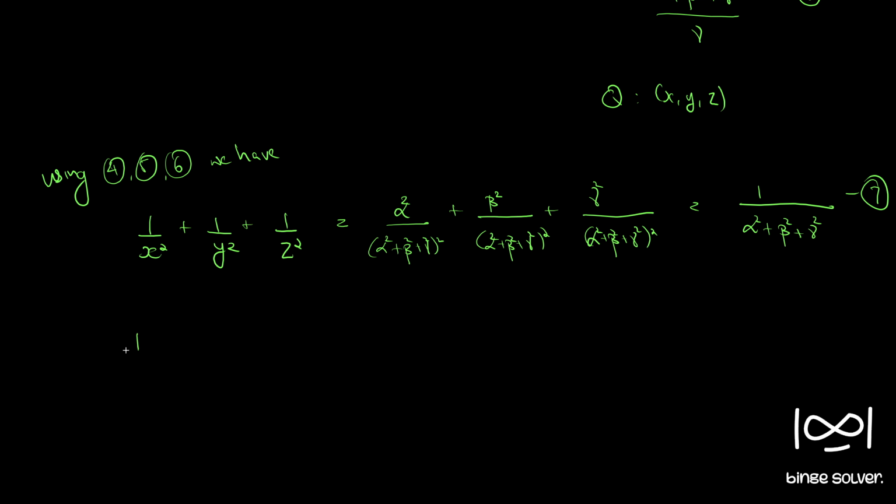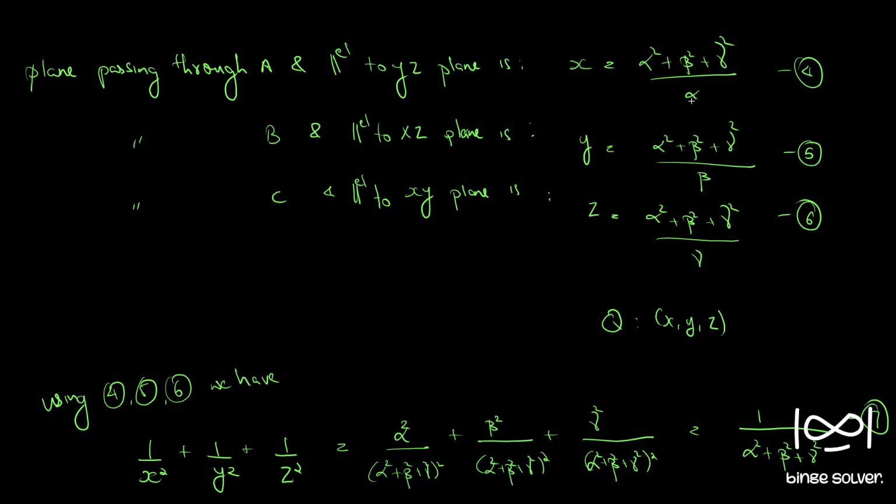Now we need the right side. Using 4, 5, 6 again, 1 by ax plus 1 by by plus 1 by cz. Here 1 by x is the inverse of this, multiplied with a.